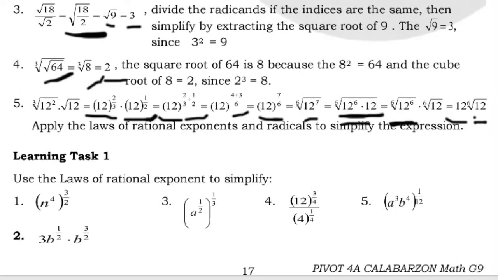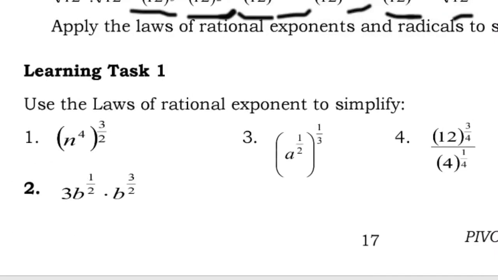So let's have learning task 1. Use the laws of rational exponent to simplify. So I will just have number 1 as an example here. Number 1 is n to the power of 4 raised to the power of 3 halves. So applying power of a power, we're going to multiply the exponents 4 and 3 halves.